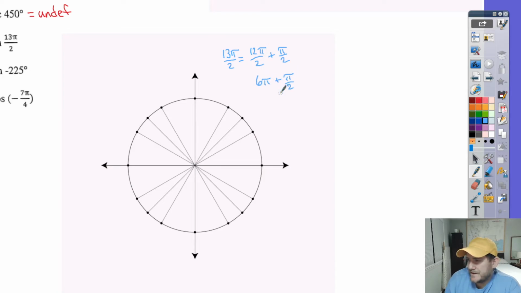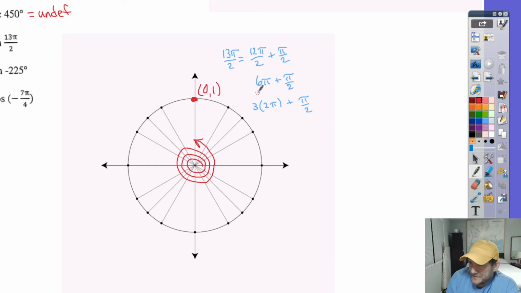And that's the same as 3 times 2 pi. It literally means we've gone 1, 2, 3 times around, then an extra pi over 2. Hey, guess where we are? Literally the exact same spot, same point, which is 0, 1.